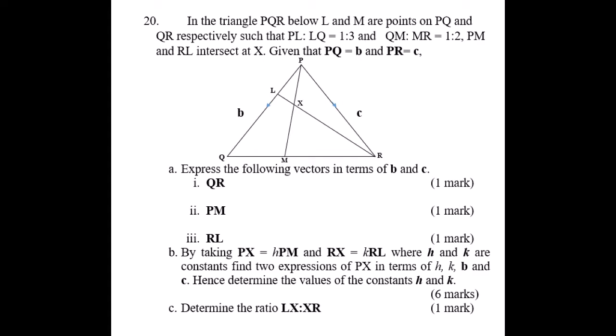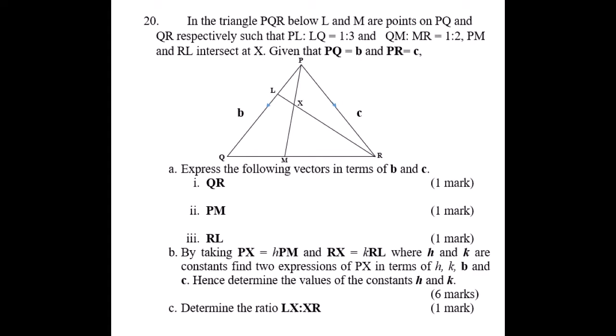You're given that PL to LQ is 1:3 and QM to MR is 1:2. Then part a, you're supposed to represent vectors QR, PM, and RL in terms of b and c.